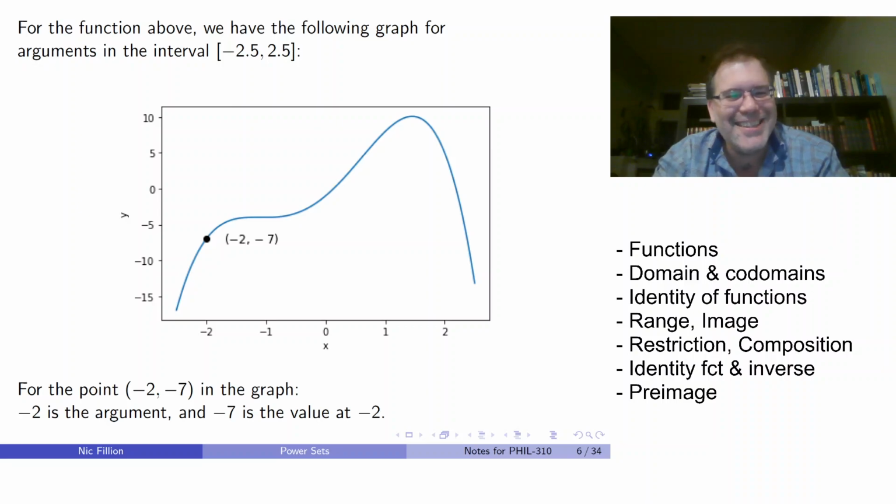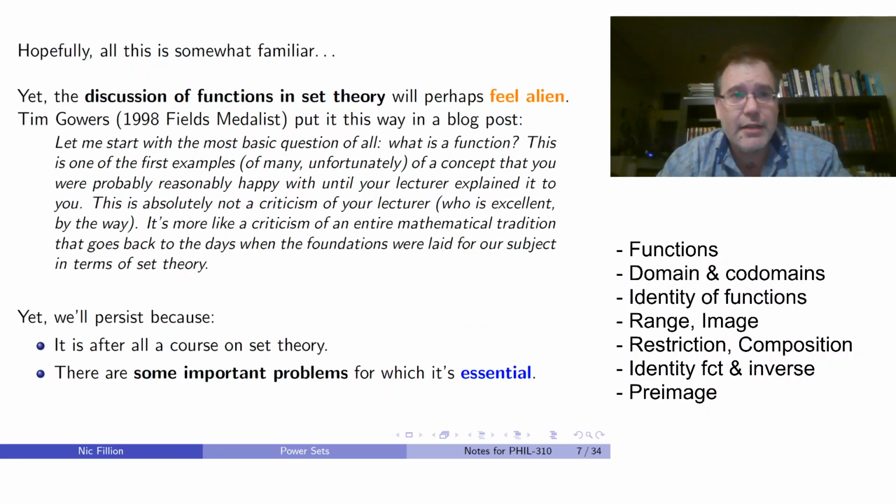Depends on the application. But definitely on that line, we think of that line as a collection of points where the first coordinate is the input, the value of the argument, and the second coordinate is the value of the output, the value of the function for that argument. So again, that should be fairly standard.